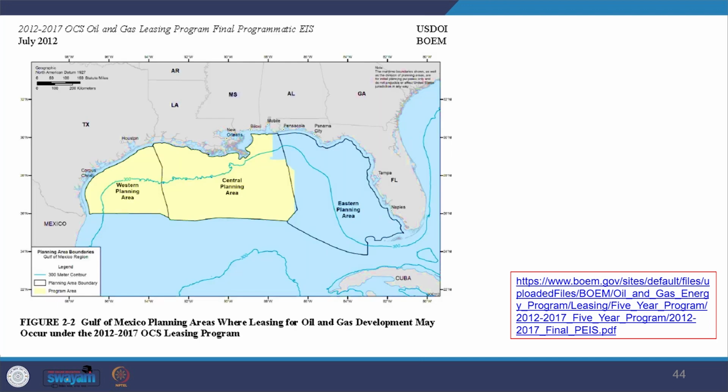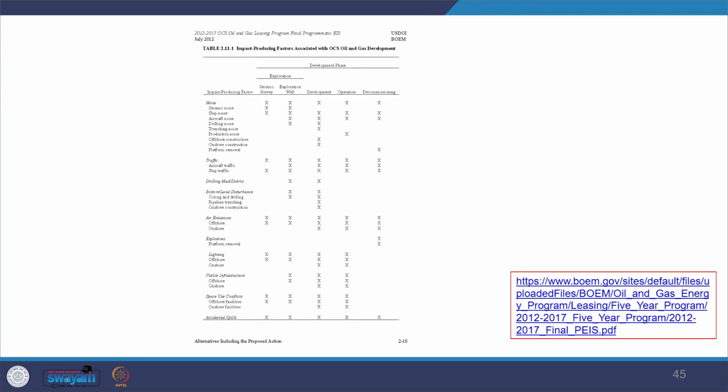So you see here in the figure, we'll just skim through the analysis, not all, a very selective analysis which they have done. So you can see the Gulf of Mexico planning area where the leasing will happen, and then you see the impact producing factors which they have identified, like noise, traffic, drilling, bottom land disturbance, air emissions, explosives, visible infrastructure, space use.